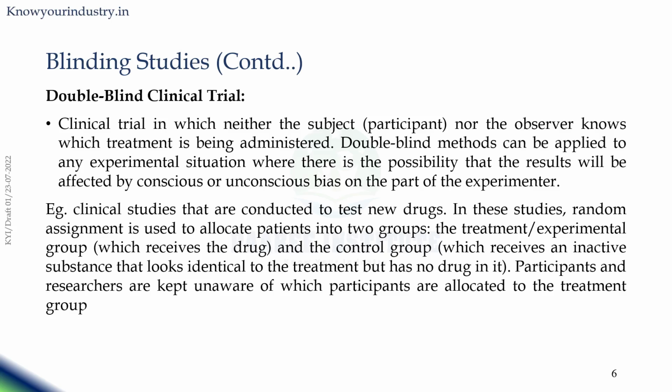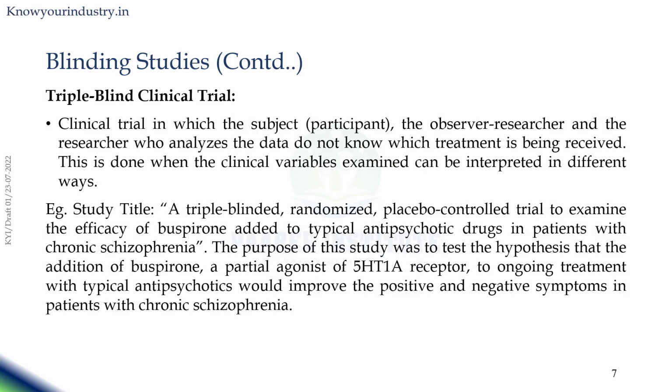In these studies, random assignment is used to allocate patients into two groups, the treatment or experimental group and the control group. Participants and researchers are kept unaware of which participants are allocated to the treatment group. Now, triple blind clinical trial. In this clinical trial, the subject, the observer or the researcher, and the researcher who analyzes the data all do not know which treatment is being received by which patient.